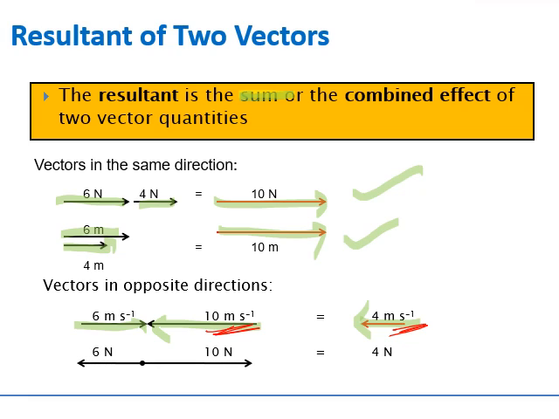And suppose these two forces 6 Newton and 10 Newton are also acting in the opposite direction like this. So again you will get the resultant 4 Newton, and it will be in the direction of the 10 Newton force, which is the higher magnitude of these two forces.